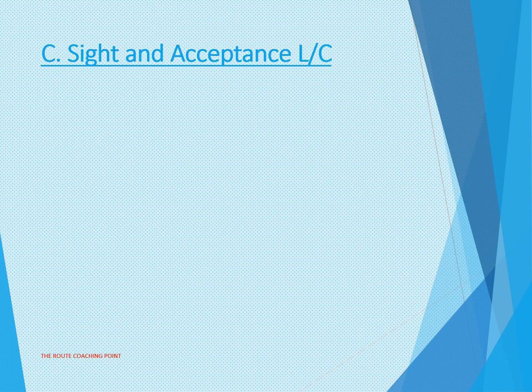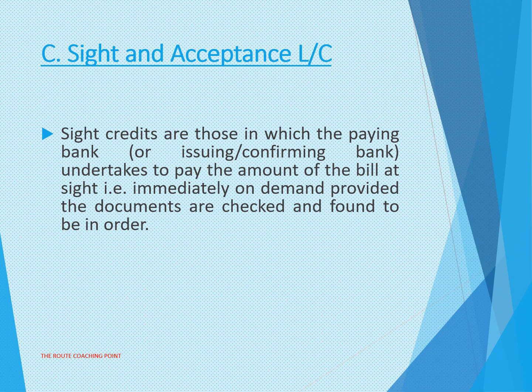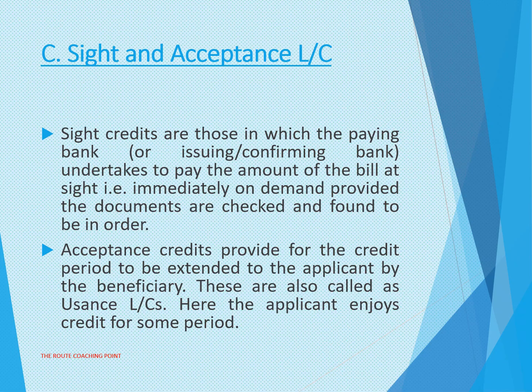The third is sight and acceptance LC. Sight credits are those in which the paying bank, issuing bank or confirming bank undertakes to pay the amount of the bill at sight, that is, immediately on demand, provided the documents are checked and found to be in order. So it is paid on sight. Acceptance credit provides for a credit period to be extended to the applicant by the beneficiary.